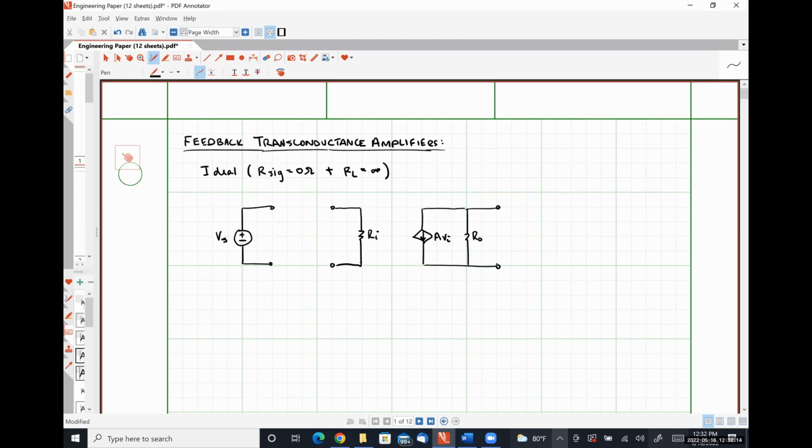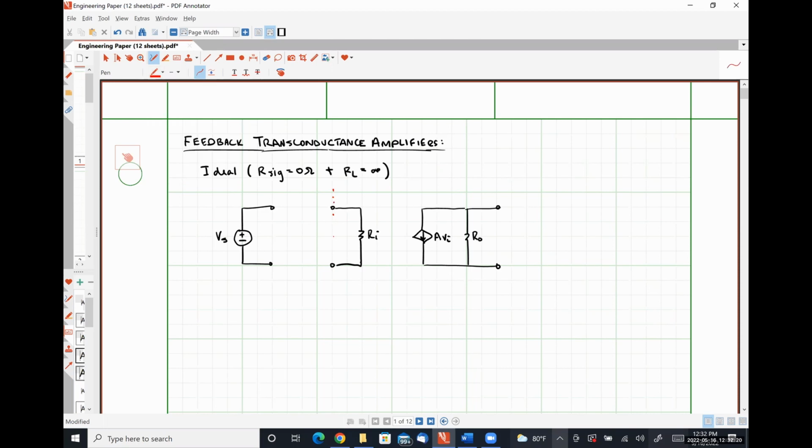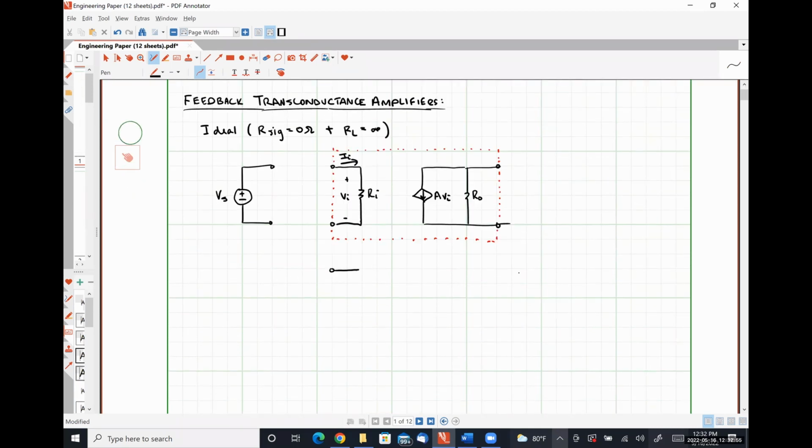So here in the middle, we have our open loop amplifier circuit where this is our signal VI, this is our current II, and down here at the bottom we're going to have our feedback network.